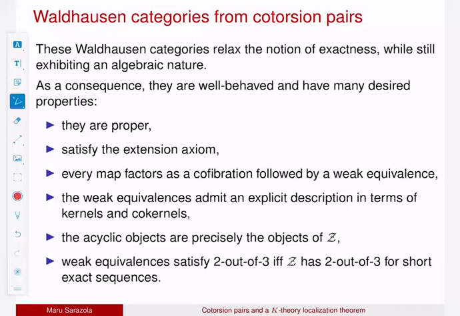This is going to happen when the class Z has the missing condition for having 2 out of 3 for short exact sequences. We said if we have a short exact sequence, our theorem requires that if you have the two endpoints, you have the middle. If you have the two leftmost, you have the rightmost. But if in addition to that you have the other missing property, then you're going to have 2 out of 3 for short exact sequences.